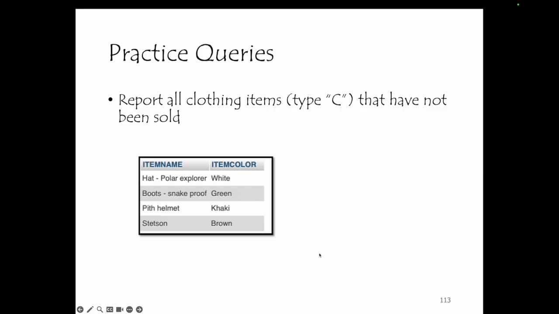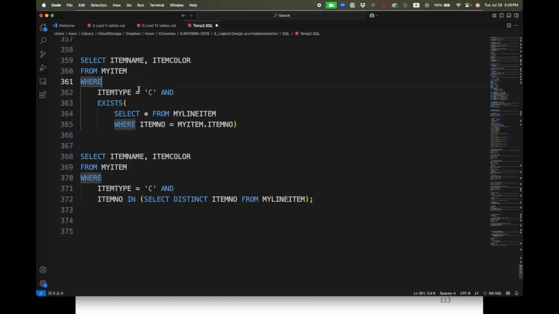Okay, a very similar example, but as a bonus point: report all clothing items, type C, that have not been sold. How can we modify the current query? You can simply put not in front of exist. Then, when the following select statement does not return any row, in other words 0 row, the condition is true.